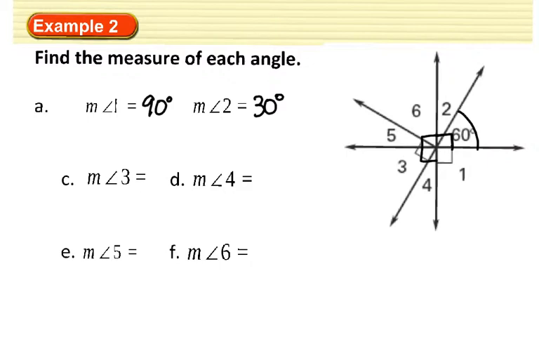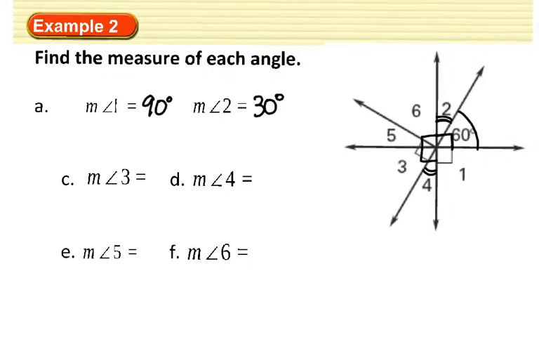I'm going to skip around a little bit. If we know that the measurement of angle 2 is 30 degrees, we should know the measurement of angle 4 because those are vertical angles.